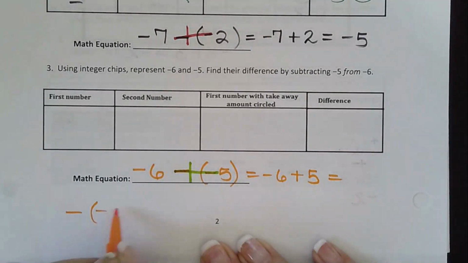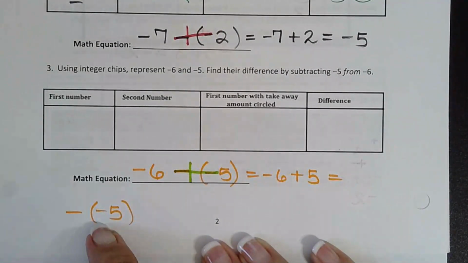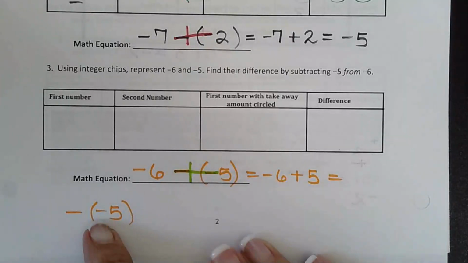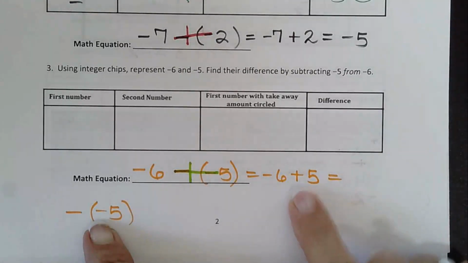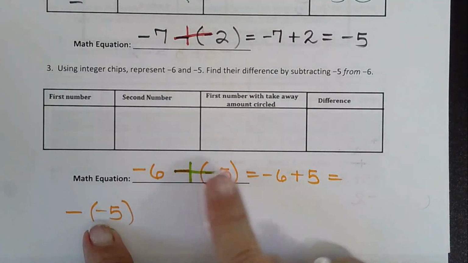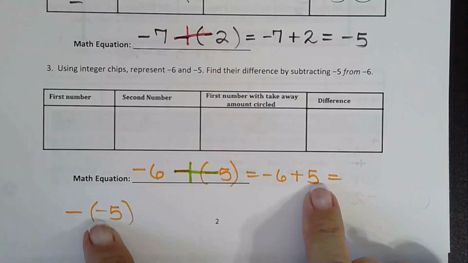This is really the opposite of -5. Well, the opposite of -5 is +5. That's why it becomes positive. So don't lose sight of the why. Just memorizing the rules and doing mindless math will get you nowhere. Understand why, because that meant the opposite of -5, which means +5.